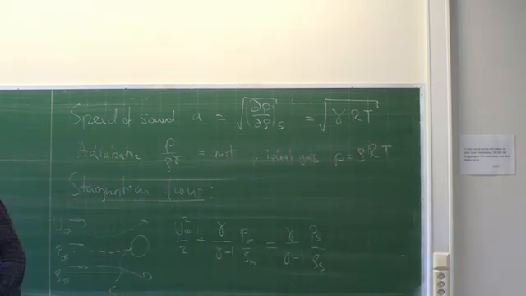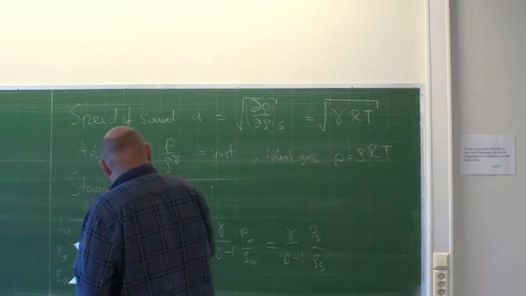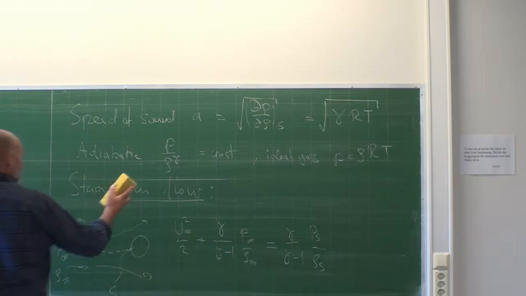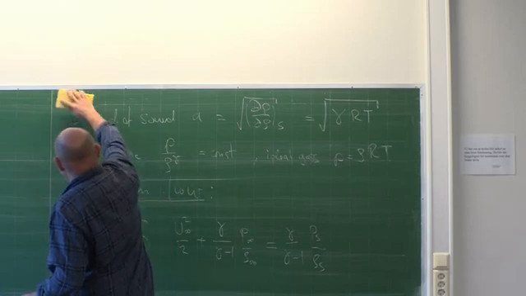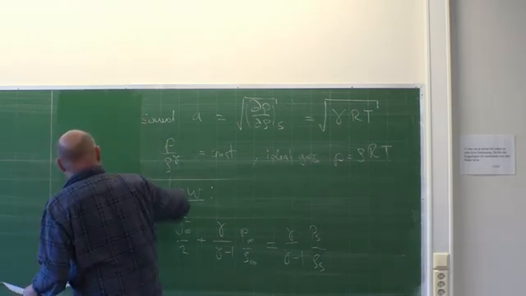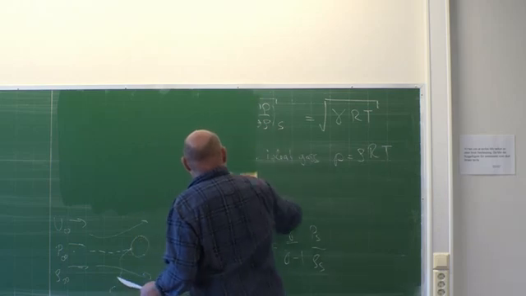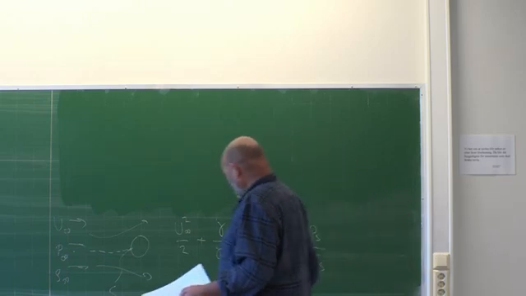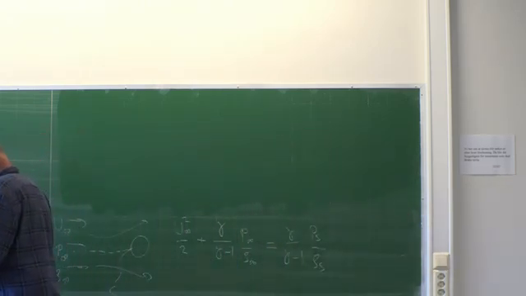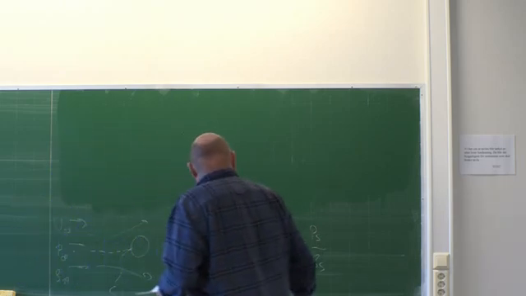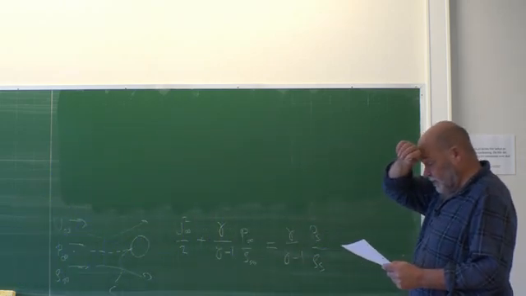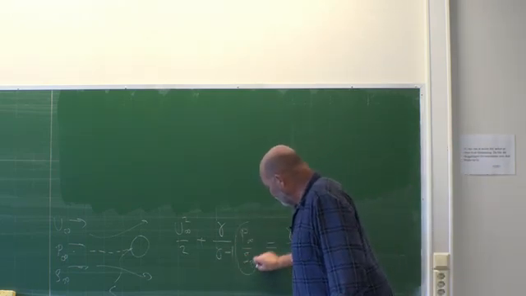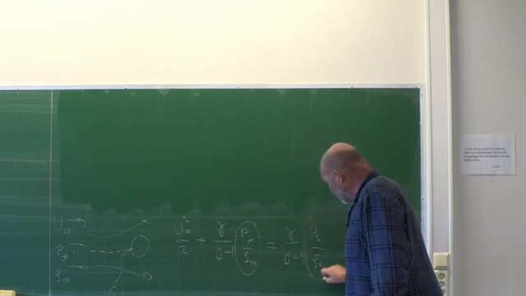And yeah, we can now rewrite that one. Shouldn't take too long, this one. Yeah, I have to remove this. So yeah, we can rewrite this one quite easily here, just using the ideal gas law.